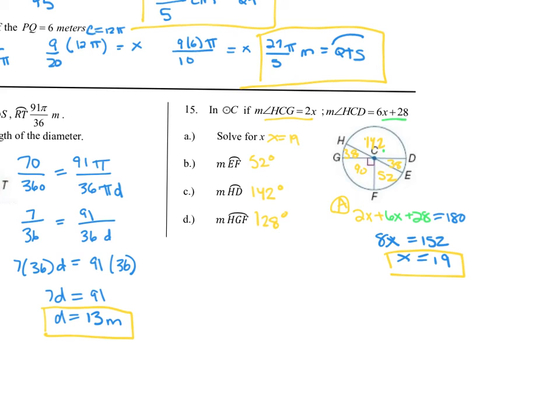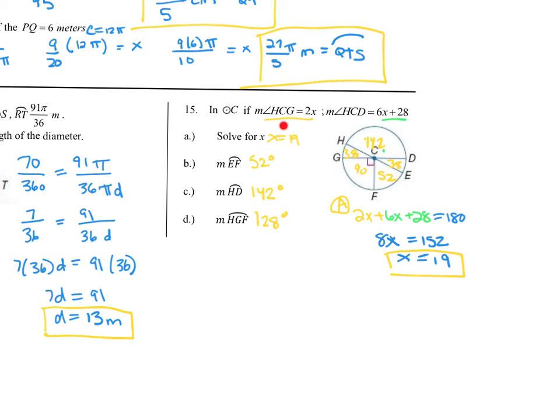And angle HCD, that's this angle here, we are given those expressions. The first thing we need to do is solve for x. If I'm given this angle and this angle, I can see that the sum there should be 180. So I'm going to take 2x plus 6x plus 28. That should equal 180, and when I solve, I should get 19.